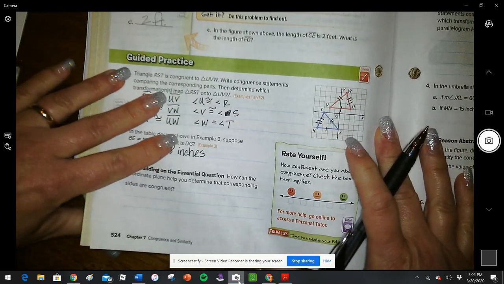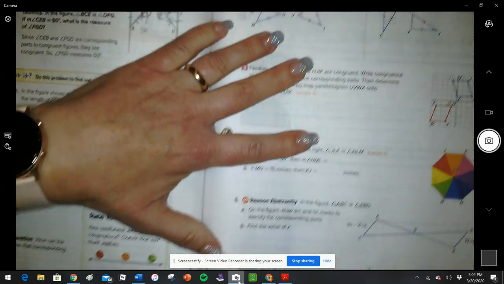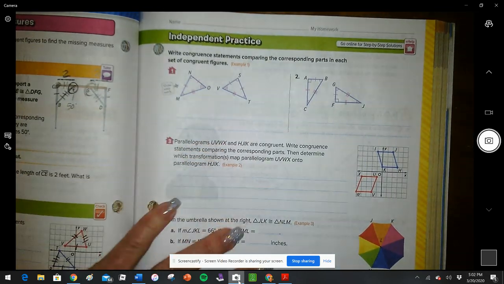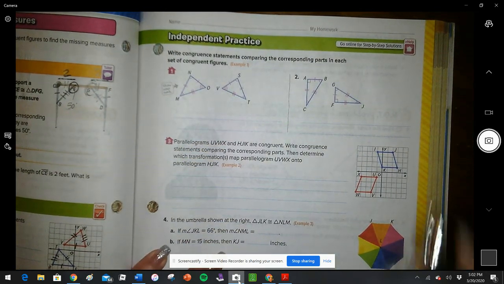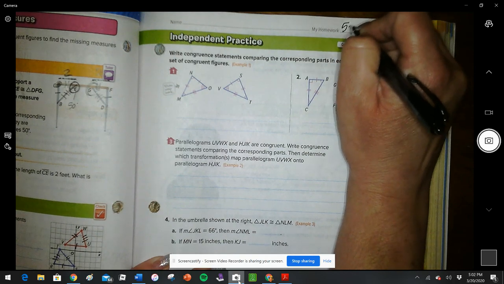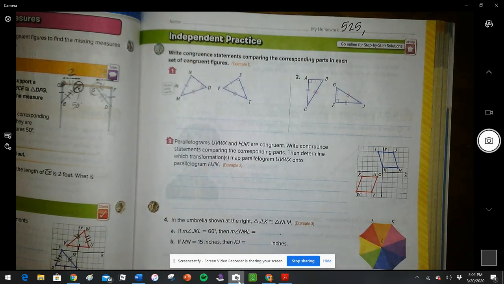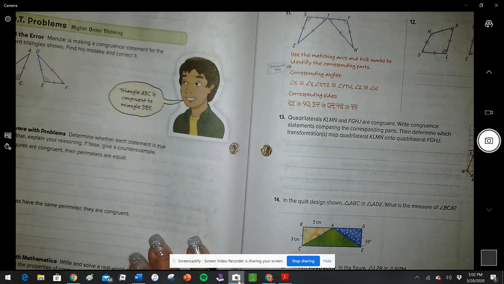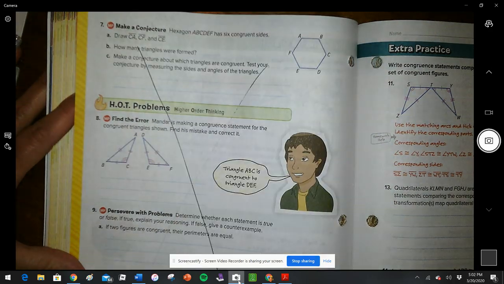Here's what I would really like to see you do. I would like to see you do the next page. So page 525. Okay, so your homework assignment is page 525. Then I want you to do page, you know what? How about you skip this whole page? How does that sound?